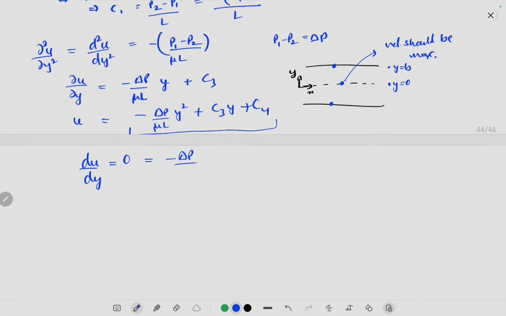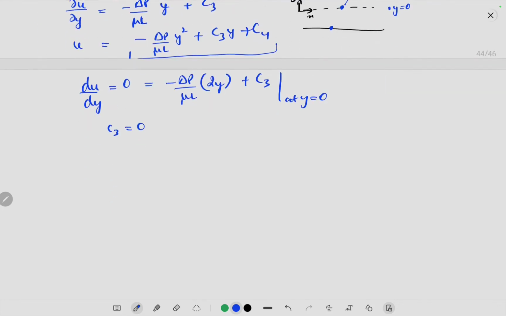This will give me minus del p by mu l 2y plus c3, and I am putting y equal to 0, so this will become 0. Let me just write it first. So at y equal to 0, this term will go to 0, so I'll get c3 equal to 0. Okay, so this was at y equal to 0.